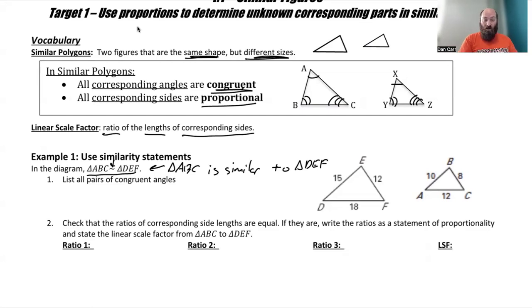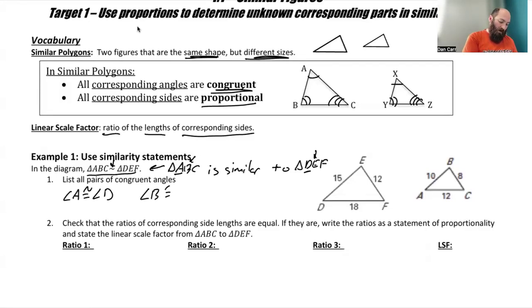So we want to list all pairs of congruent angles. Just like with our congruency statements, we can find congruent angles just from here. So for example, A and D are the first letters. So I know that angle A is congruent to angle D. B and E are in the middle.